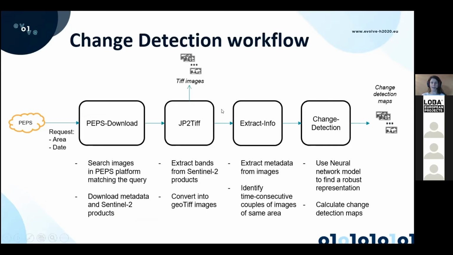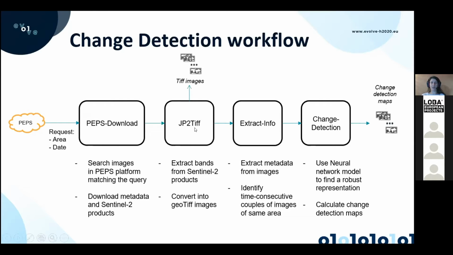So this is our pipeline. The pipeline is composed of 4 modules. The first one, named PEPS download, consists in searching images in the PEPS platform that match a query on the area and the date of interest. Then when it finds the images, it downloads them with their metadata.